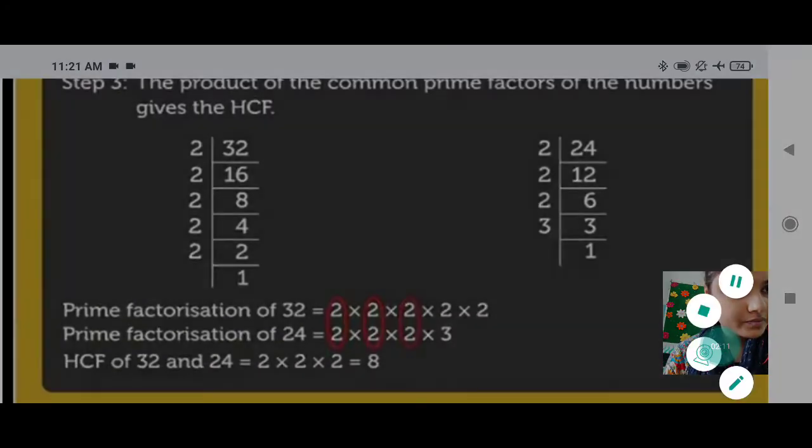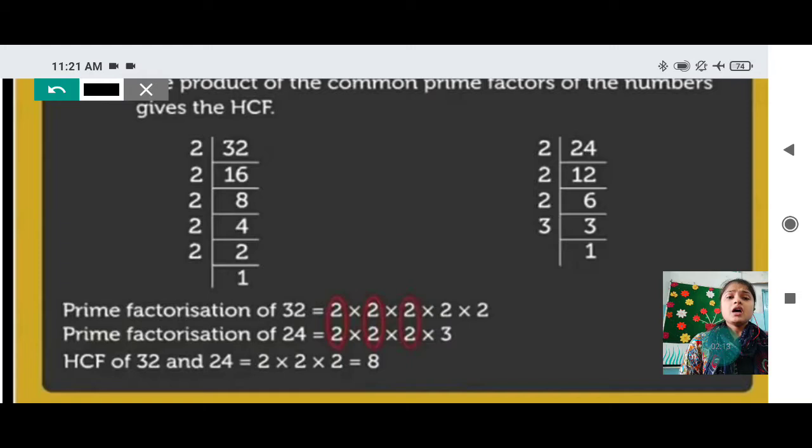Now, see, we have two numbers with us, that is 32 and 24. We will divide each number continuously till we get the quotient as 1. When I divide 32 by 2, and 2 is the smallest number with which we start dividing any number, I get 16 as the quotient, which I write just below 32.